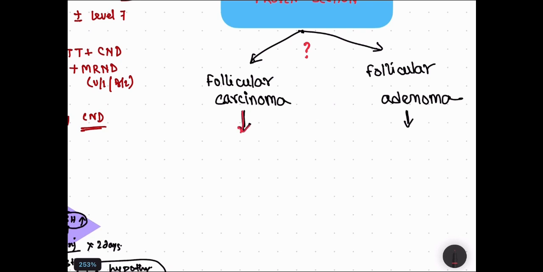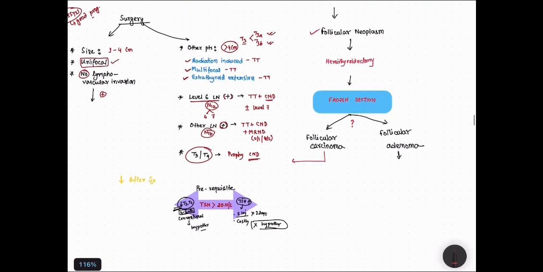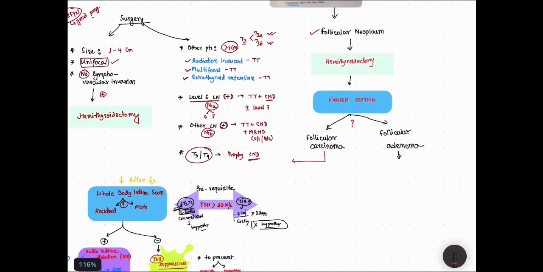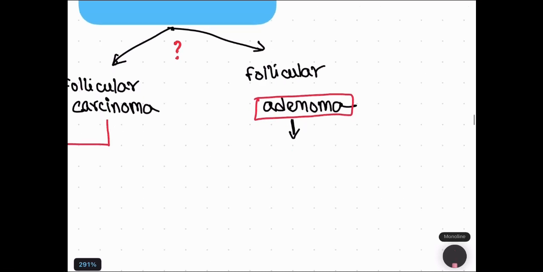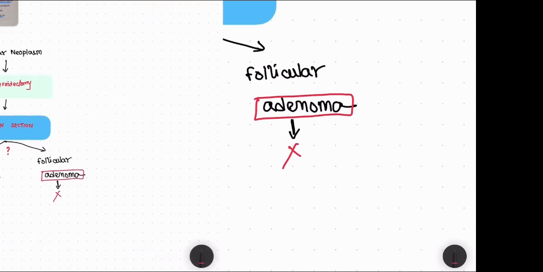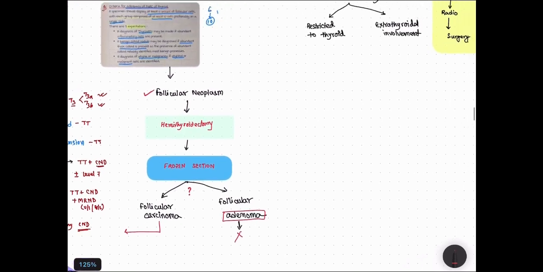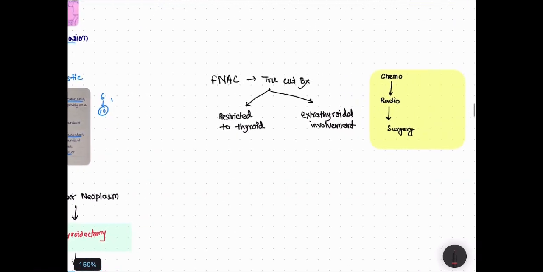Now once it is diagnosed as follicular carcinoma, the surgeon is waiting on the OT table, so he or she will perform the same thing as papillary. Once the follicular carcinoma report is there, then the same thing will be followed like that of papillary thyroid carcinoma. But if it is follicular adenoma, we have already done hemithyroidectomy, nothing is needed here. Next, coming into anaplastic thyroid carcinoma, this is very easy.